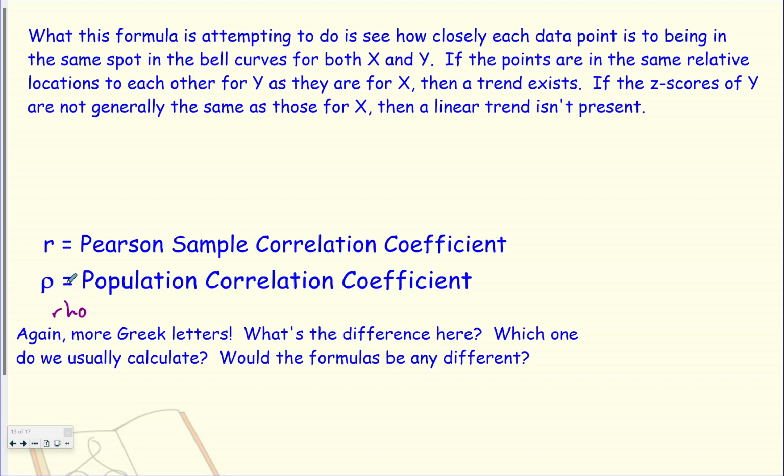We're really not going to work with that in this class. It's there for completeness' sake, because don't forget, we do that for mean. We use either x with a line over it or mu. For standard deviation, we'll use S or sigma, depending on whether we're dealing with the sample or the population.